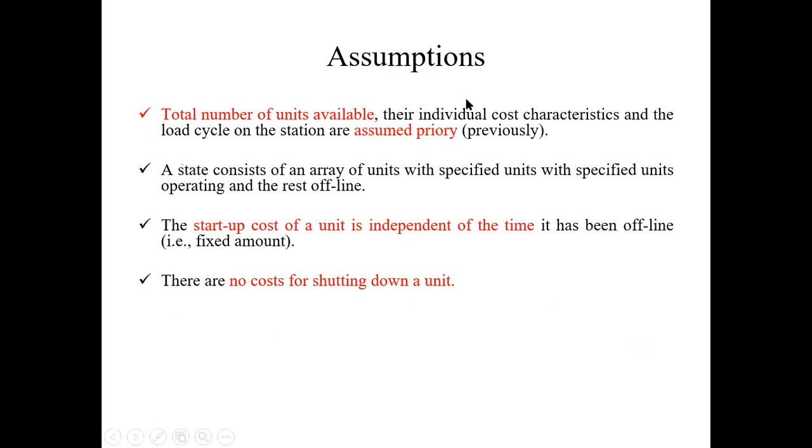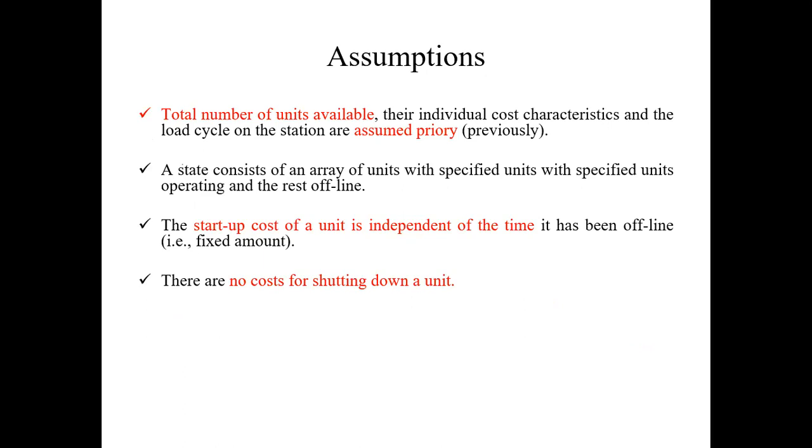Assumptions involved in the priority list method: the total number of units available must be assumed beforehand for running the maximum number of units. This is the very first assumption. For the next assumption, the startup cost of the unit should be independent of time, that means a fixed amount for each unit.